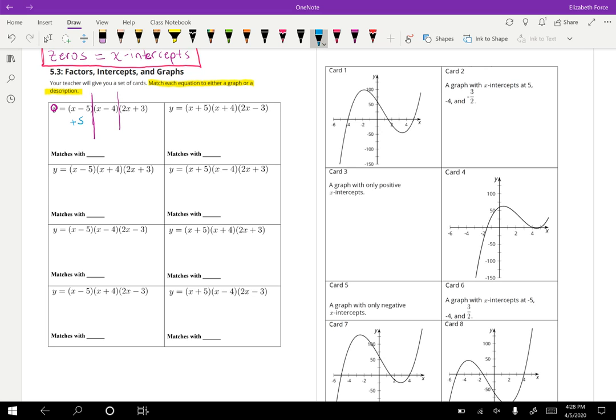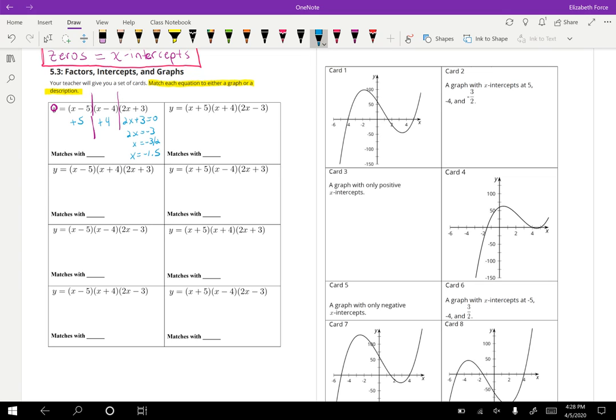The second one is going to be positive 4. And for the third, we can do a little bit of solving: minus 3 to bring it over to the other side, divide by 2, and you get negative 3 halves. Negative 3 halves is the same as negative 1.5.